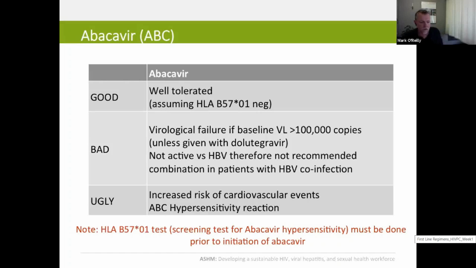So if an individual tests positive for HLA-B5701, we don't use abacavir. But being HLA-B5701 negative does not 100% exclude the risk of abacavir hypersensitivity. So if one is initiating a regimen containing abacavir, you must always consider hypersensitivity if someone presents with symptoms. And one should never initiate abacavir without screening with the HLA-B5701 test first.